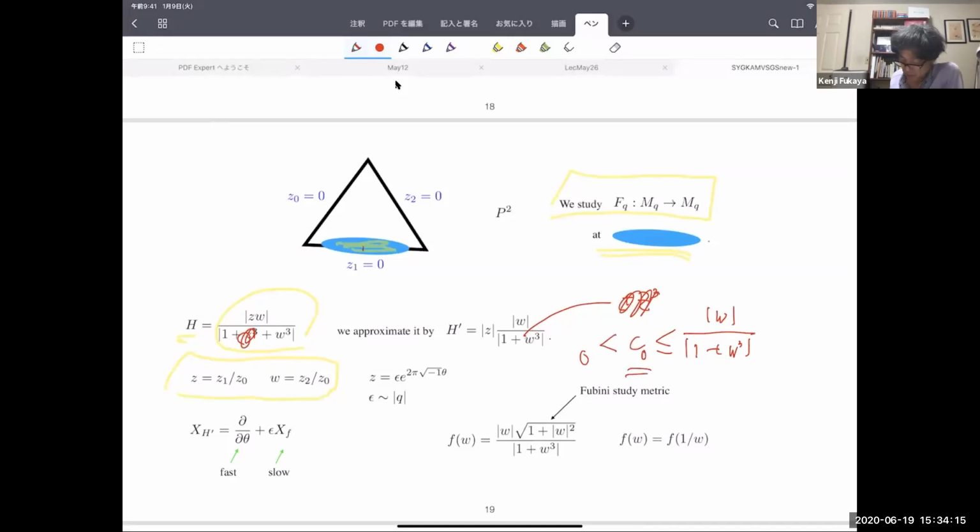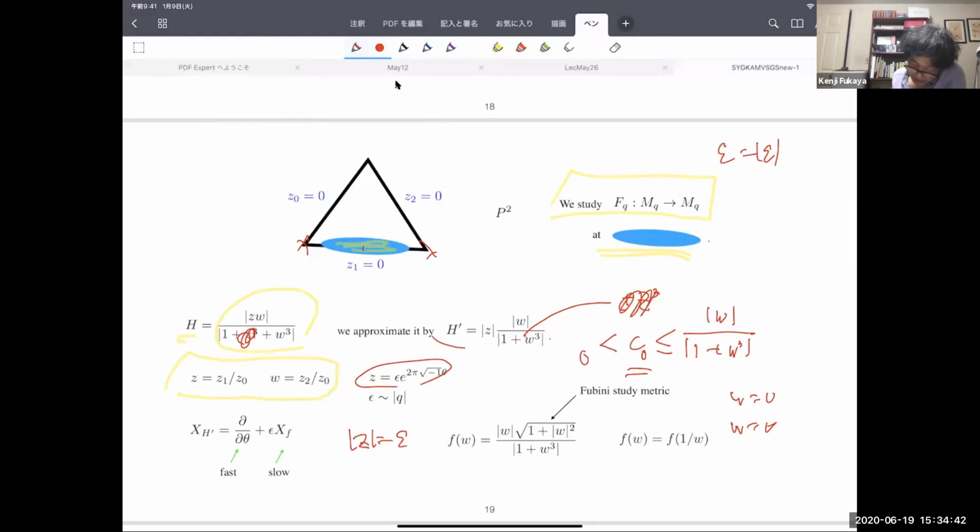I mean, this one goes to 0 here and here, right? W is 0, W is infinity, then this one goes to 0. So you cannot forget this Z cube there. But as long as this is away from 0, and the absolute value of Z is something like epsilon, where epsilon is the absolute value of Q, this term is very small. So I throw it away.